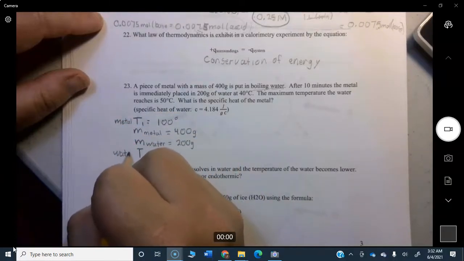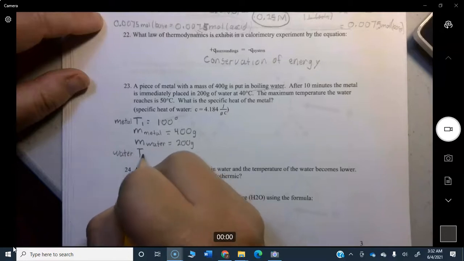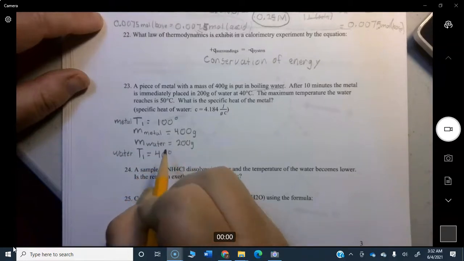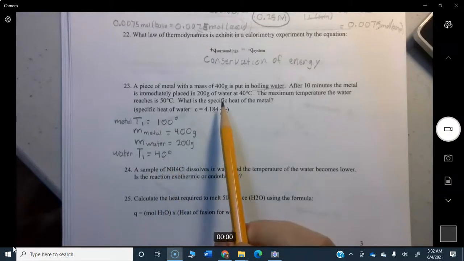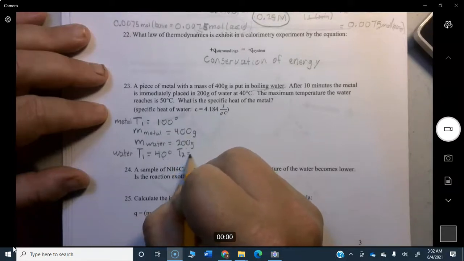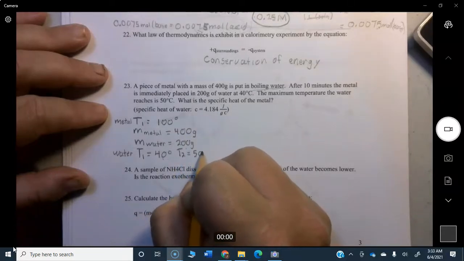For water, the initial temperature is 40 degrees. So what you're going to do is put 400 grams at 100 degrees into 200 grams of water at 40 degrees, and this temperature is going to go up to 50 degrees. Okay, that's what they're saying here. So T2 equals 50 degrees.